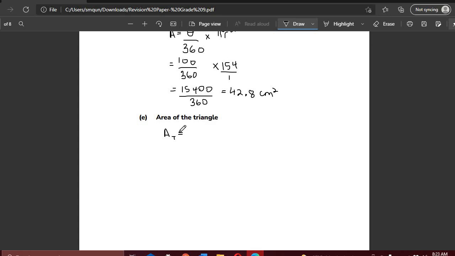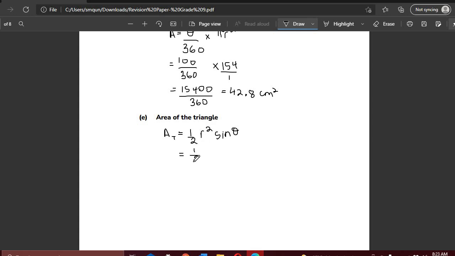So AT for short is half r squared, and we already know r represents the radius, sine theta. Okay, so all you have to do, students, just substitute the information from your circle in the formula.